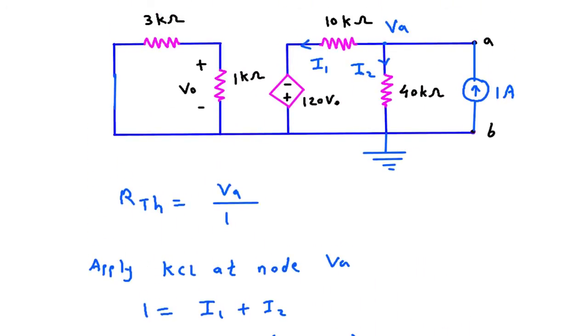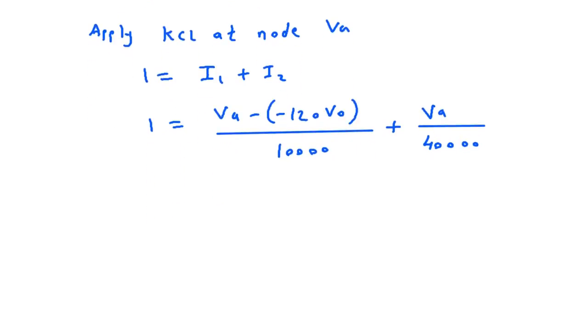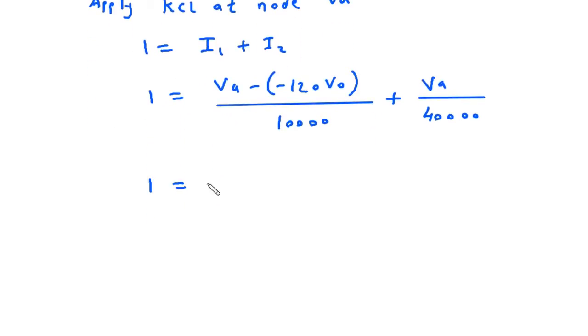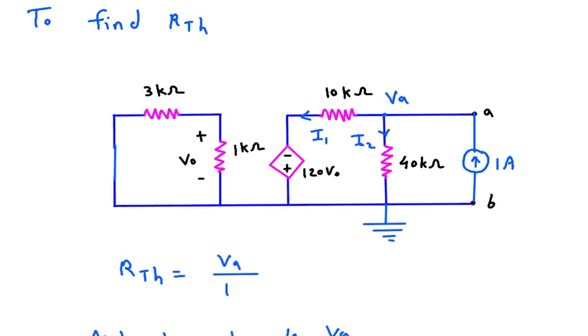So this will be 1 is equal to VA by 10,000 plus 120 divided by 10,000 into VO. Now here we can see that this VO is equal to 0 because there is no independent source.